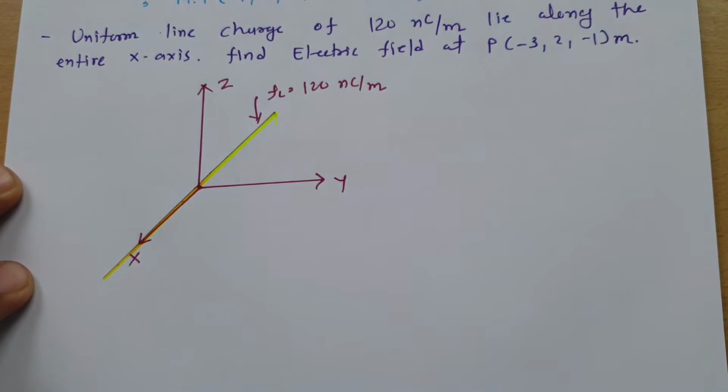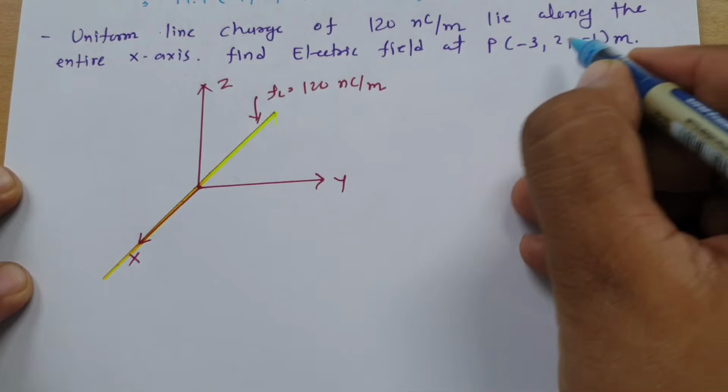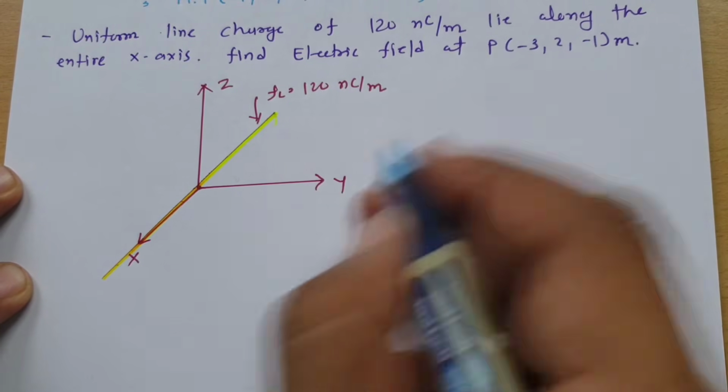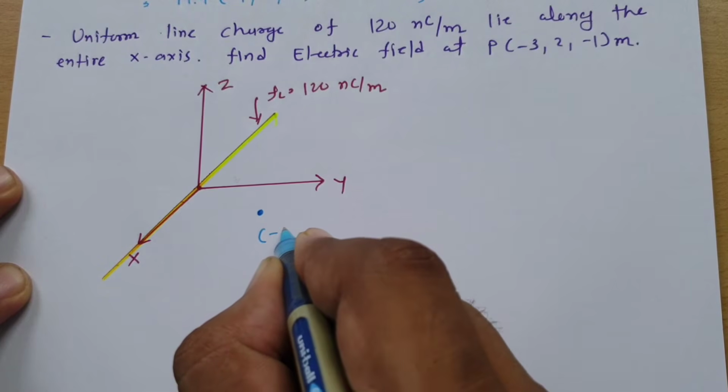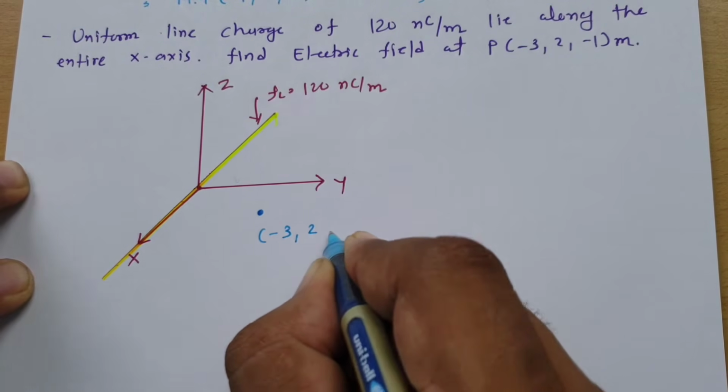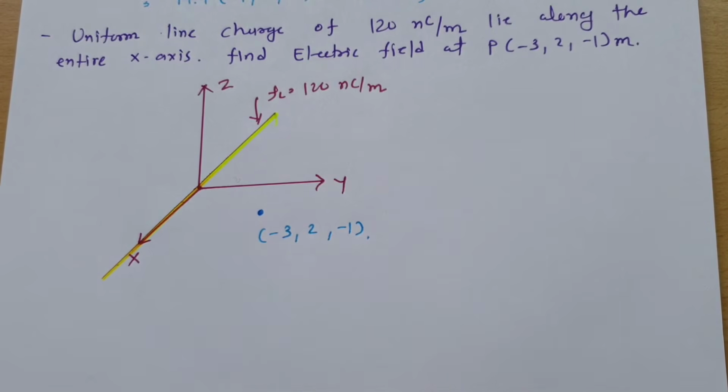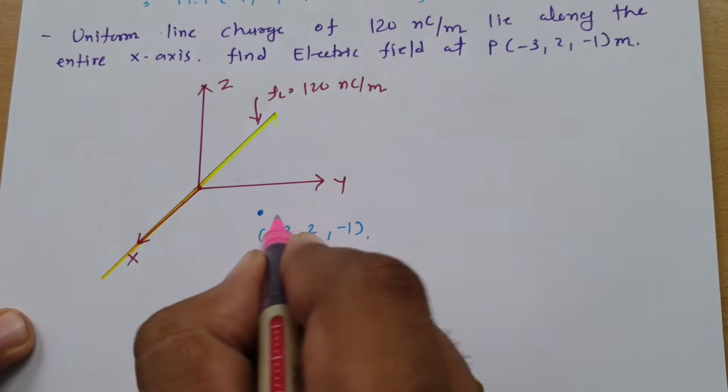And our question is to find electric field at this point, minus 3, 2, minus 1. Let us say this point is over here. So obviously the electric field direction over here will be in this direction.